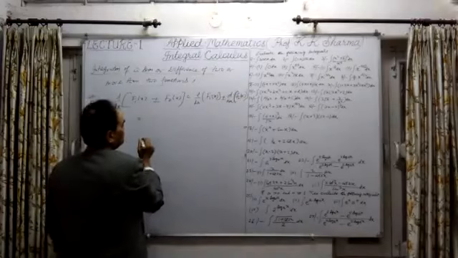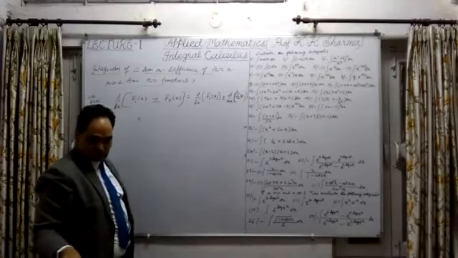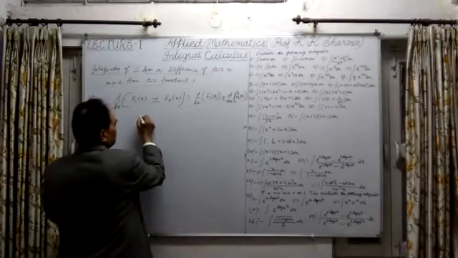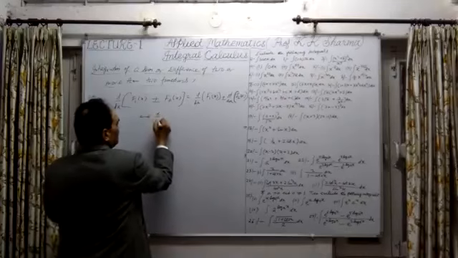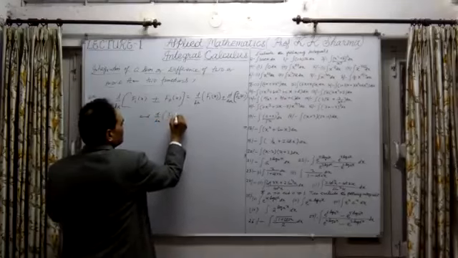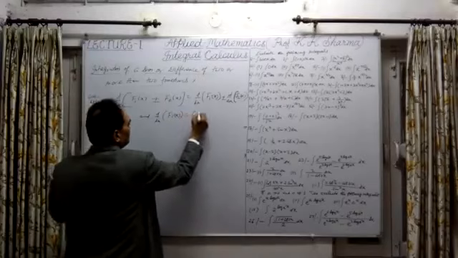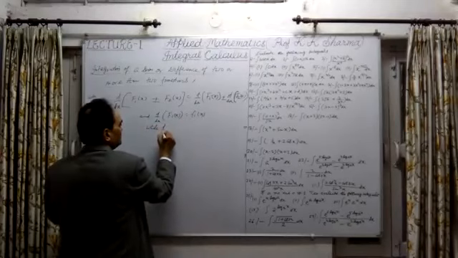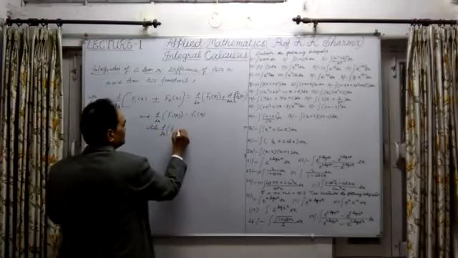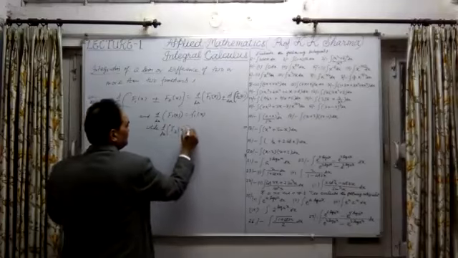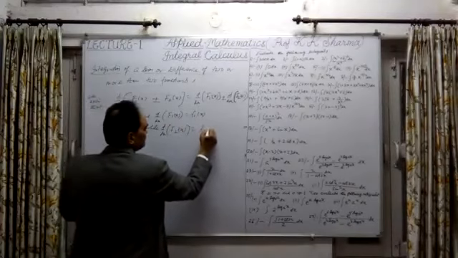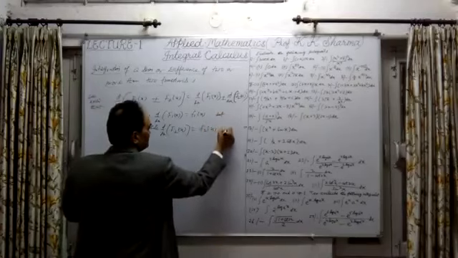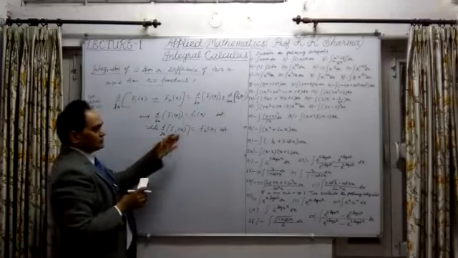Now we know that d/dx of F1(x) is equal to small f1(x), while d/dx of F2(x) is equal to f2(x). This is given to us. These are the differentiations of these functions.